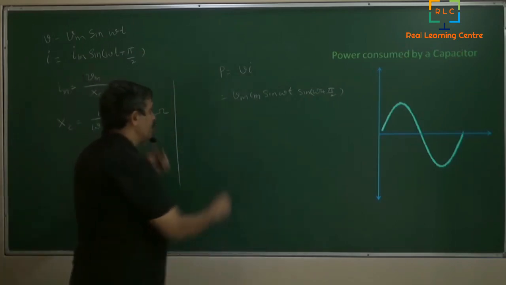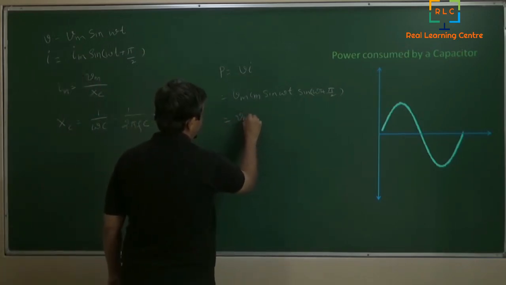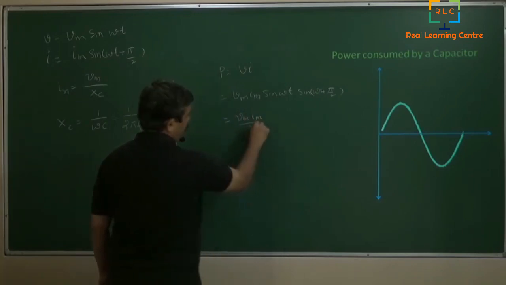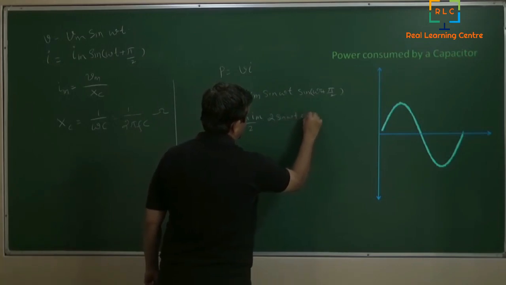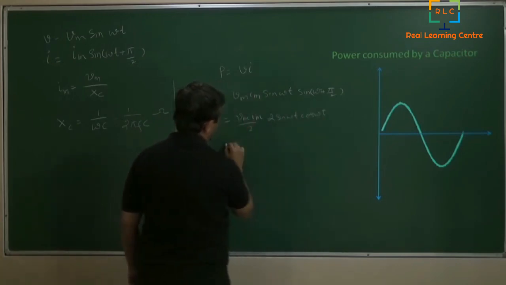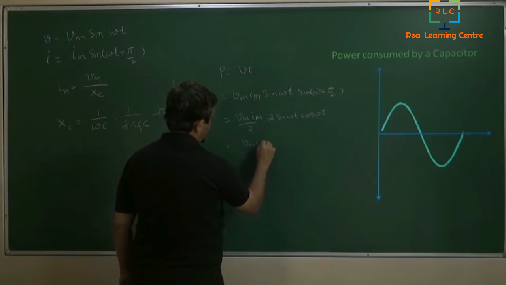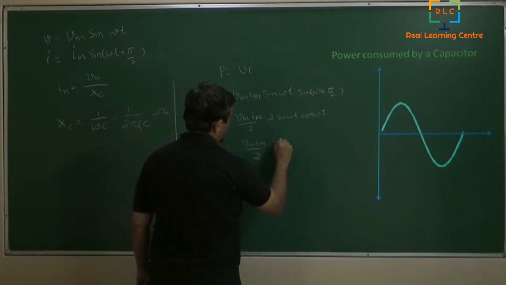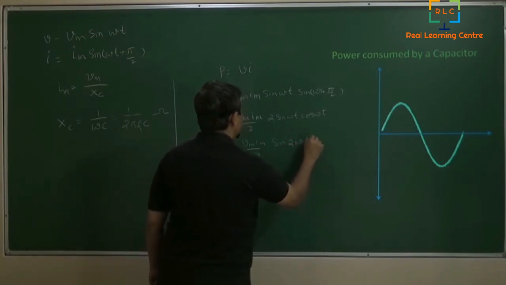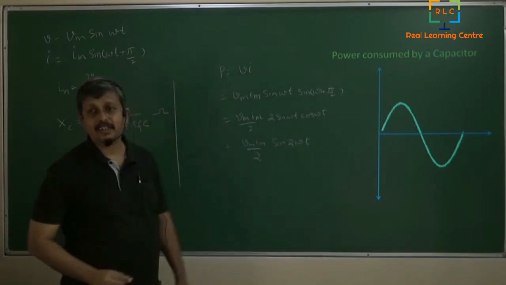Okay, so this is basically Vm Im by 2 into 2 sin omega t cos omega t, which is Vm Im by 2 into sin 2 omega t. Even here, if you see, it is varying with double the frequency.